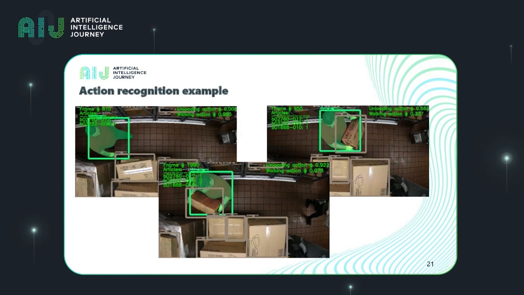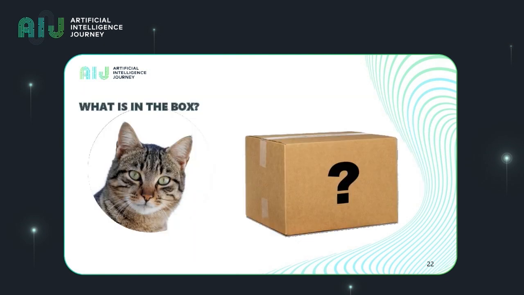Okay, now we can count the boxes. Cool. There's even no need to map these target areas. It is believed that the person took the box where it should be.